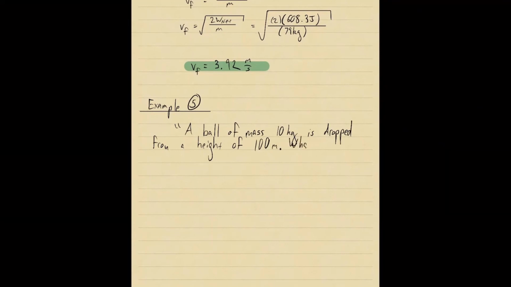So what is the final velocity, the magnitude, so what's the final velocity of the ball just before it hits the ground?